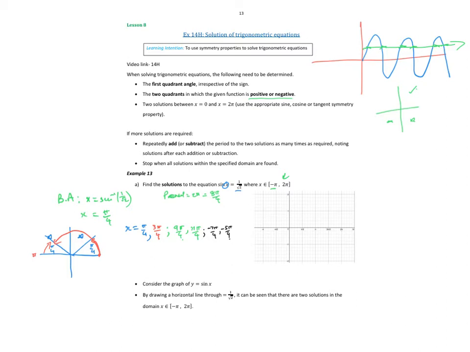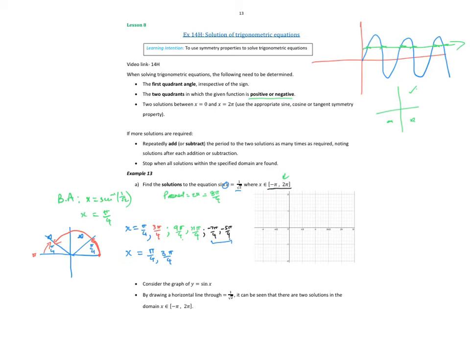Now what we need to do is consider the domain we've been given, and I'm only interested in the values between the domain we've been told. The negative ones are both too large in size, so the only two solutions that fit are pi on 4 and 3 pi on 4.